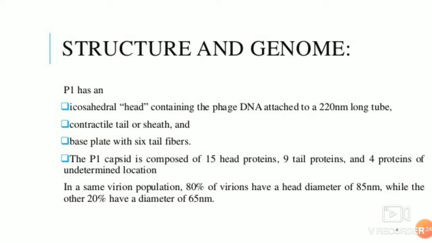The P1 capsid is composed of 15 head proteins, 9 tail proteins and 4 proteins of undetermined location. In the same virion, 80% of the population can have a diameter of 85 nanometer, while 20% may have a diameter of 65 nanometer. So maximum it goes to 85 nanometer size.